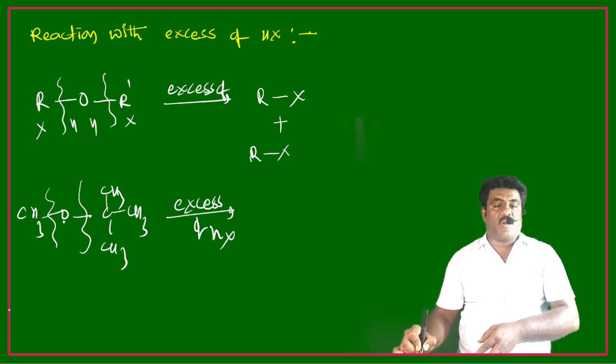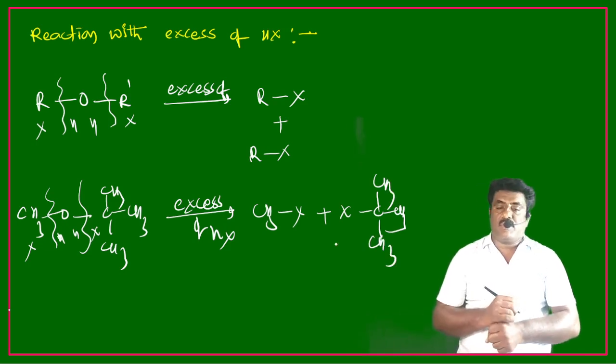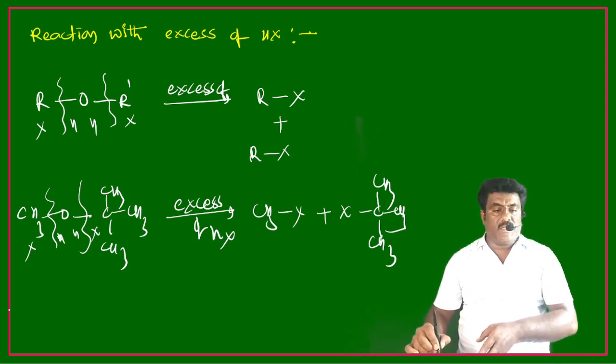The breaking of the carbon and oxygen bond, keeping the halogen, and keeping H and H, to form CH3X. So we form XCH3 and CH3X. This is our product. Have a look at the next reaction.